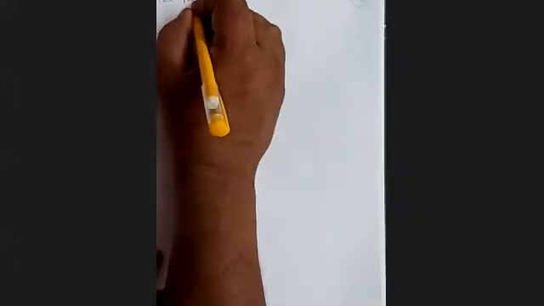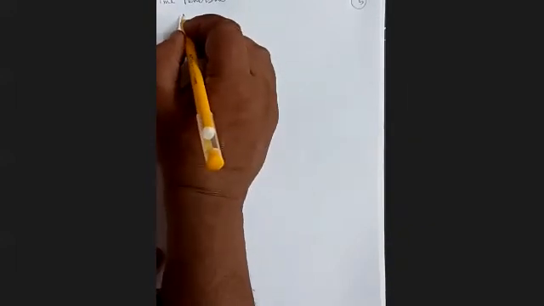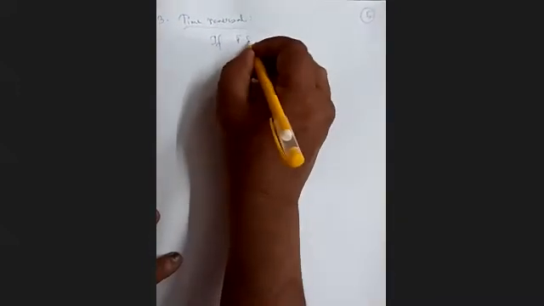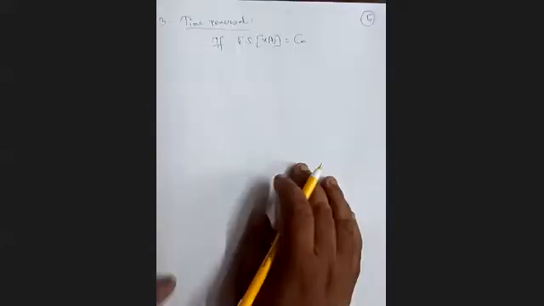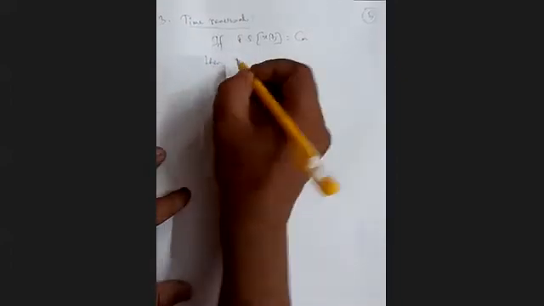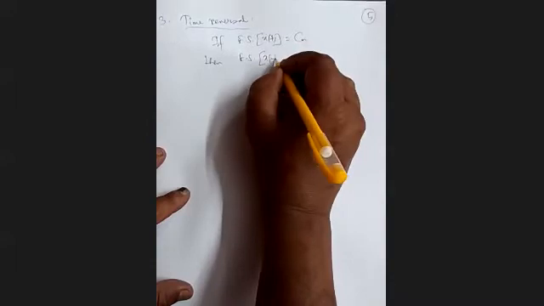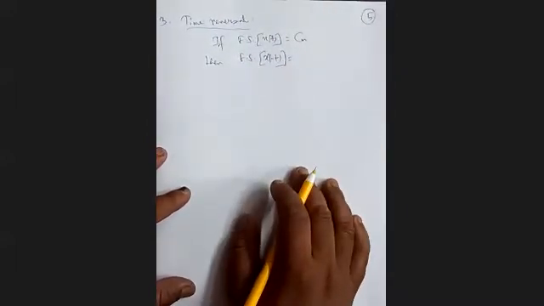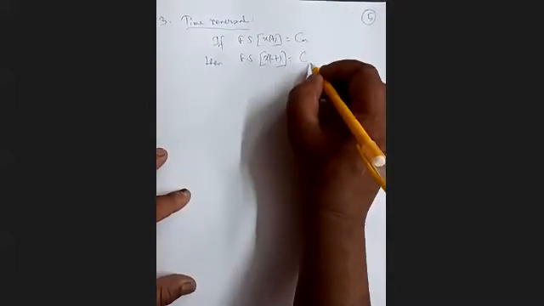Next, time reversal. If the Fourier series of x(t) gives rise to a coefficient Cn, then the Fourier series of x(minus t), so the signal is reversed in time, will give rise to the coefficient where n will be replaced by minus n.